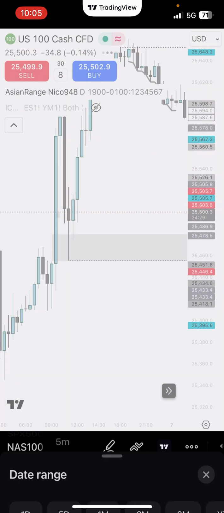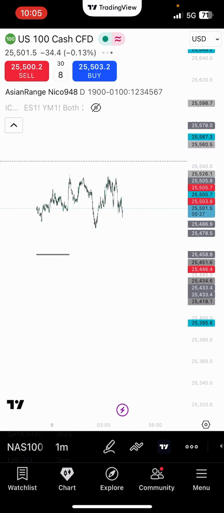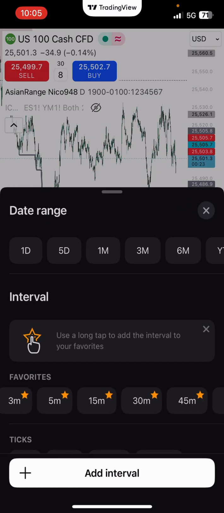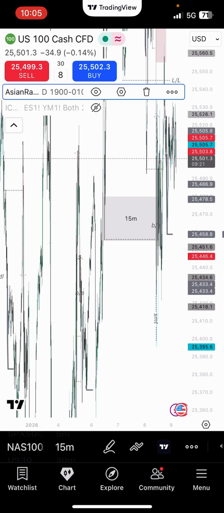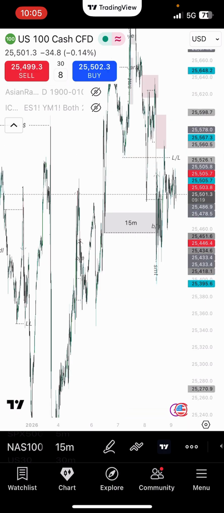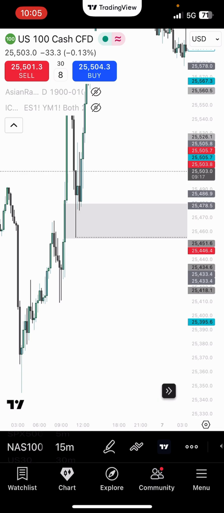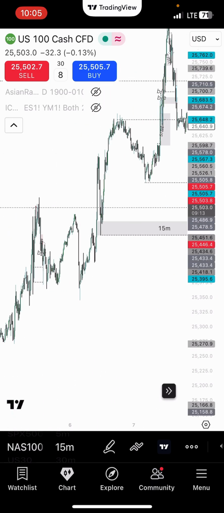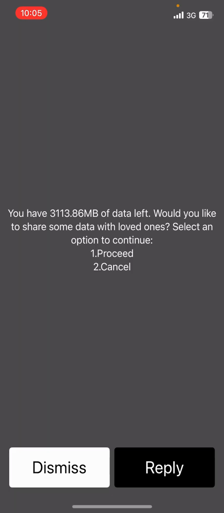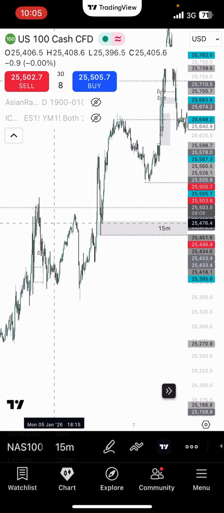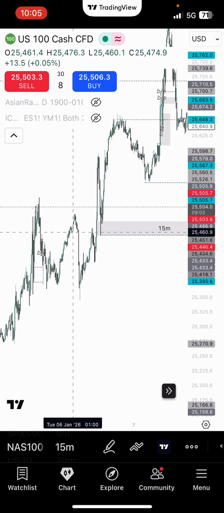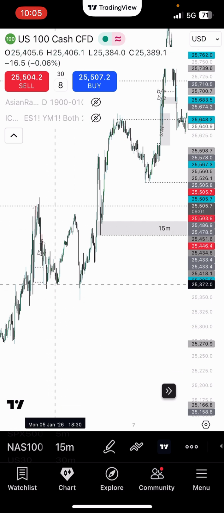Upon getting to the 1 minute, I saw this beautiful 15 minute fair value gap, right? A very beautiful 15 minute gap mixed with a bullish breaker block, right?